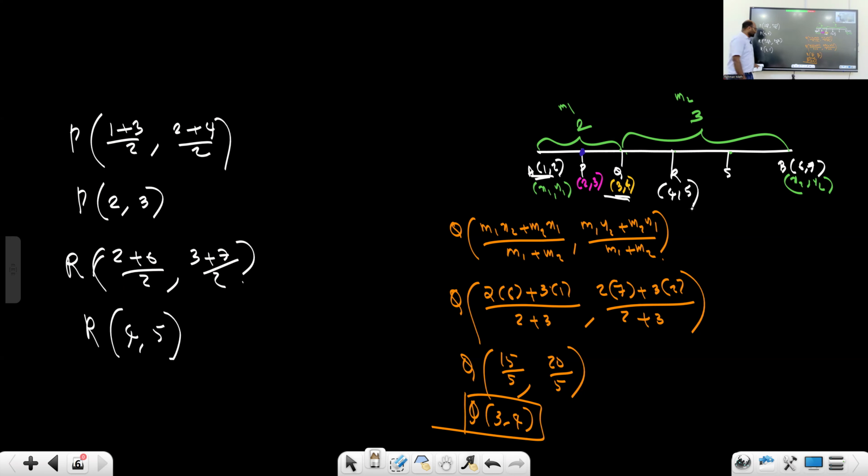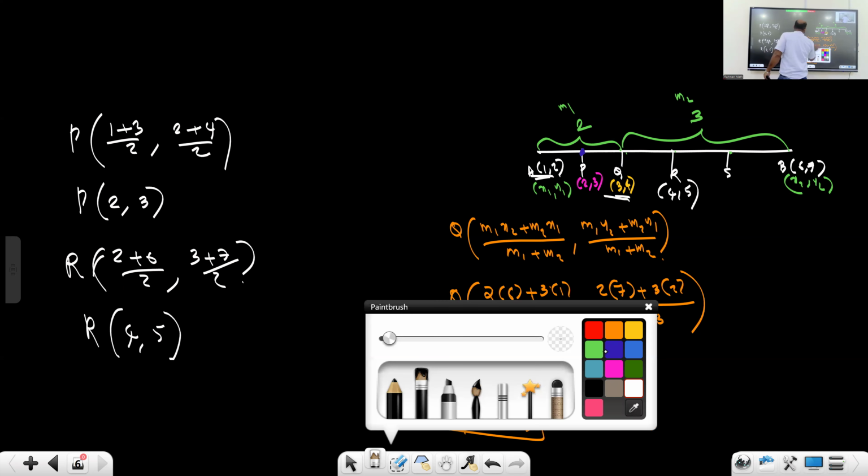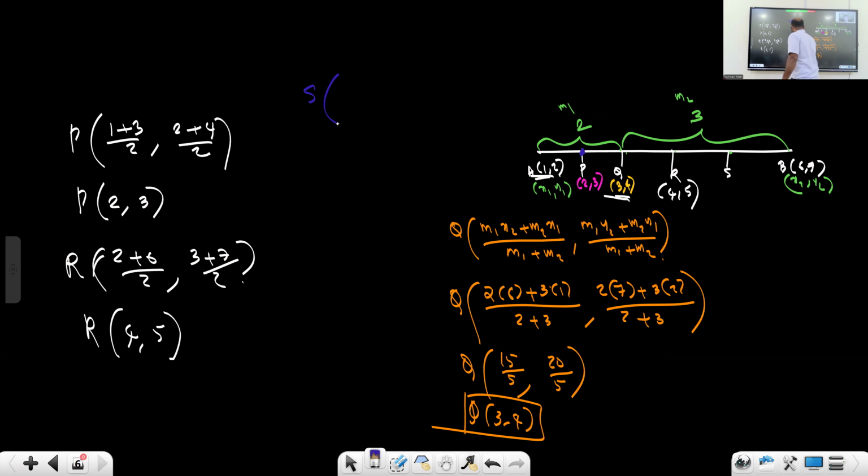Tell me, Mustafa, what is the S coordinate? Midpoint of RB. Midpoint formula: what plus what by 2, comma what plus what by 2? No, midpoint of RB. What is the X value added by 2, Y value added by 2?